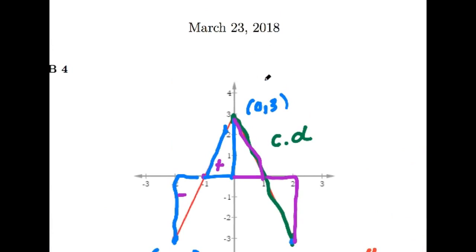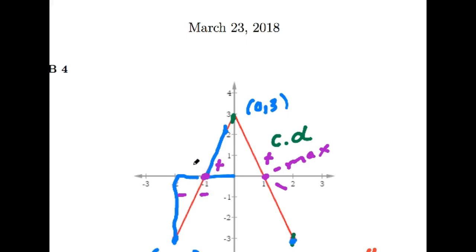There's a lot going on in this graph, so let me clean some of this up really quick. At negative 1 and 1, there's a positive derivative to a negative derivative, so that's going to be a max. And at negative 1, a negative derivative to a positive derivative, that's a minimum.